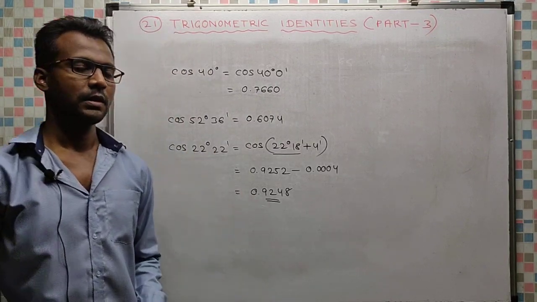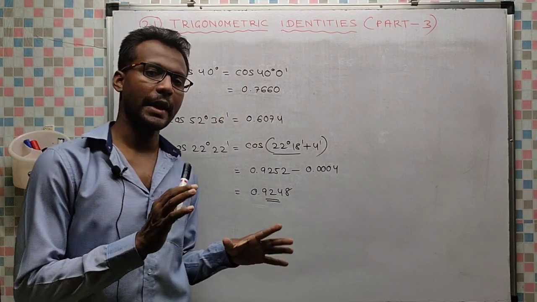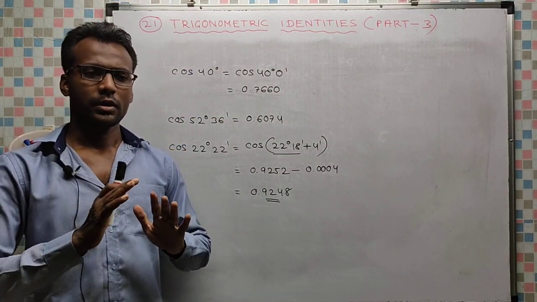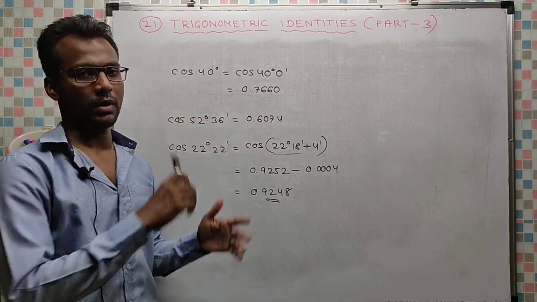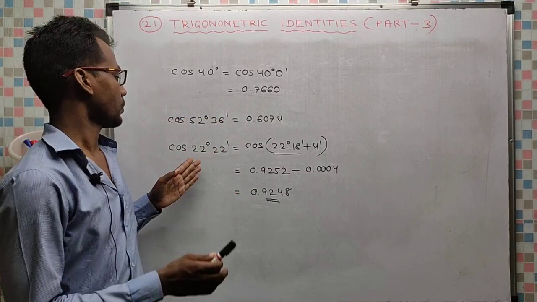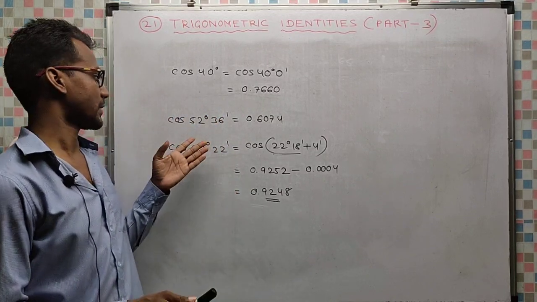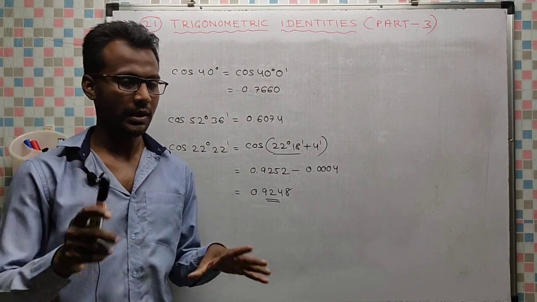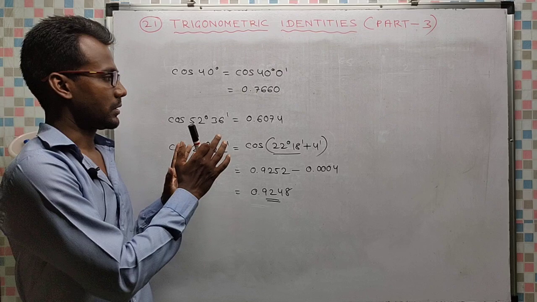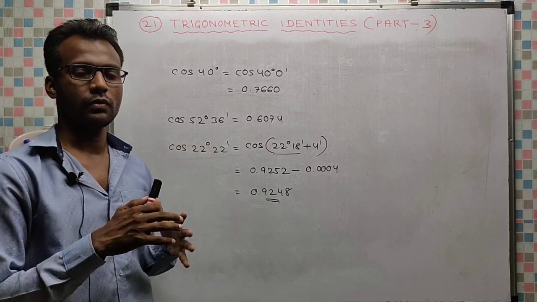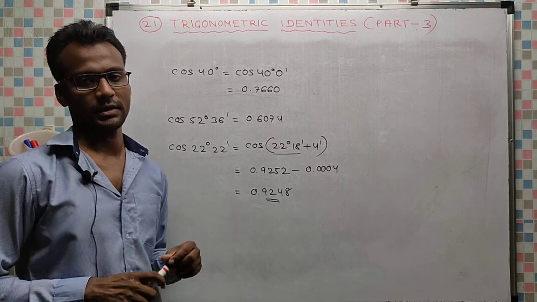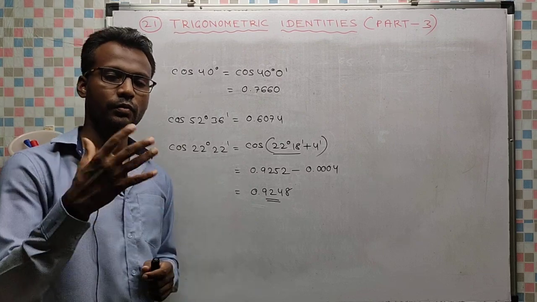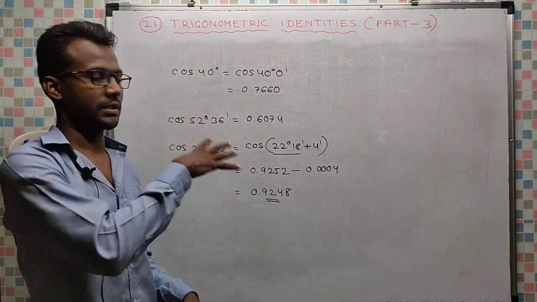Remember, in the exam you will not get any direct question from this part, like find the value of cos 22 degrees 22 minutes or find the value of sin 31 degrees 36 minutes. You will never get a question like this. This part will be attached to the next chapter, height and distance, when we will use this table.